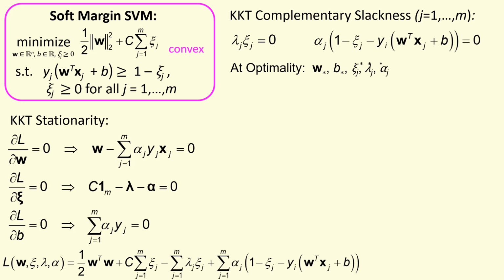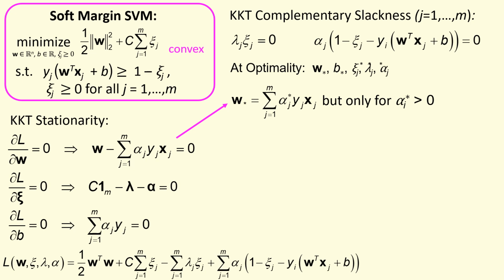And therefore, at optimality, where we have all these starred variables, we get w star is the sum of alpha sub j star, y sub j, x sub j. But notice this is only when alpha sub j star is greater than 0. So remember, the alpha sub j's here are non-negative, and therefore if they're equal to 0, they don't contribute.